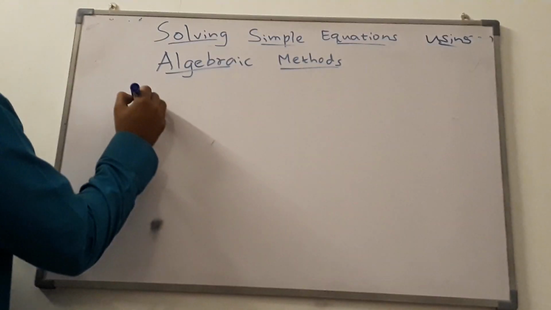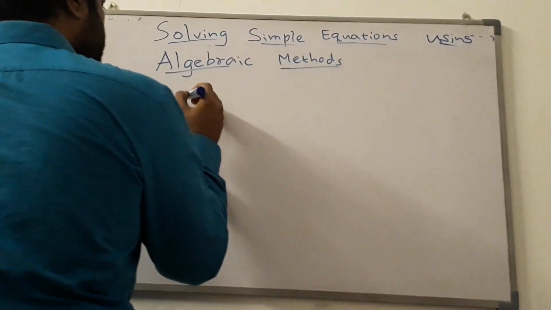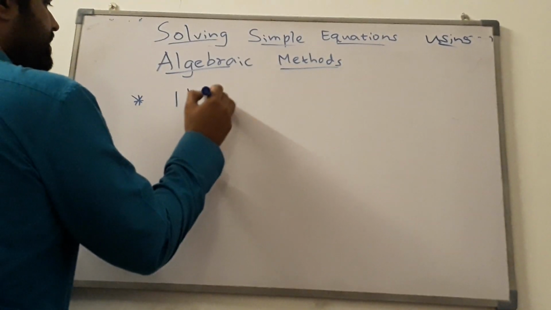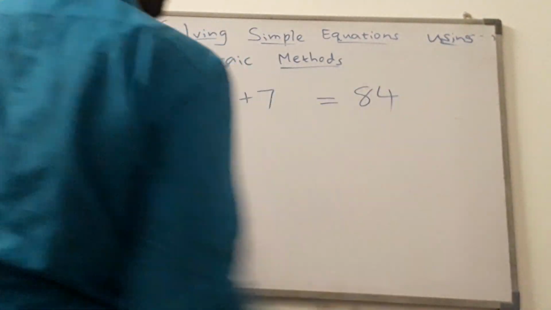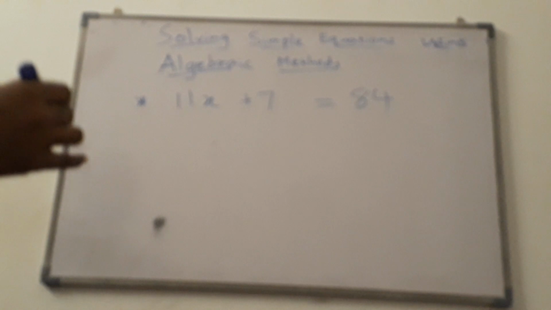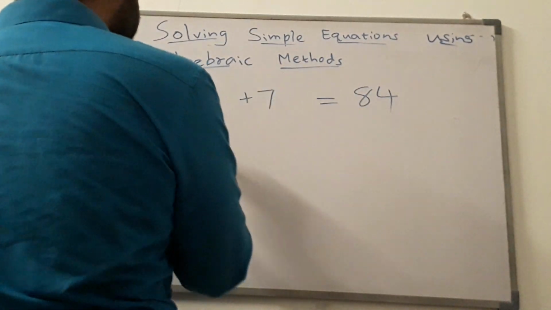Next, 11x plus 7 equals 84. Okay, we want to find x. In this case also we have to remove the number term first.